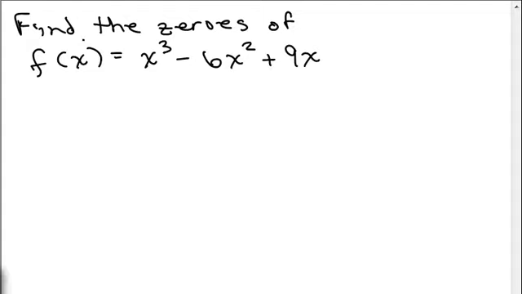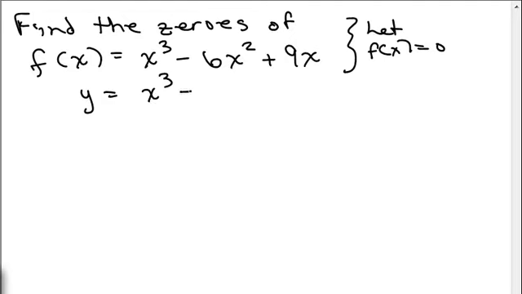But when you're asked to find the zeros, basically what it's asking you is to find where it crosses the x-axis. So to find the zeros of a function, that means let f of x equal 0. Now remember, you might see this function written as y instead of f of x. And of course, that's the same thing as saying y equals 0. So in any case, what we're doing is letting f of x or y equal 0.